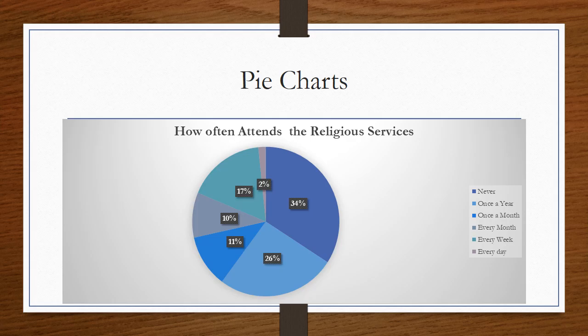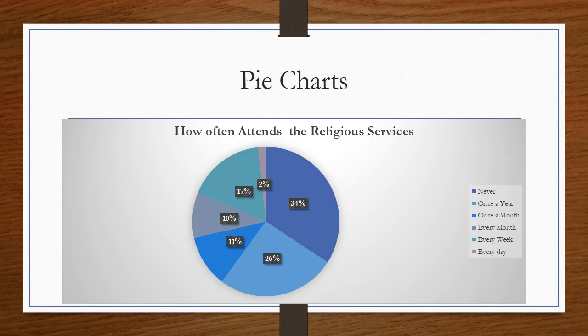Then coming to the next, 26% of people attend the religious services once a year, and 11% of people attend the religious functions once a month. Then next is 10%, they attend every month. Then next is 17%, they attend the religious services every week. Then only 2% of people attend the religious services every day.